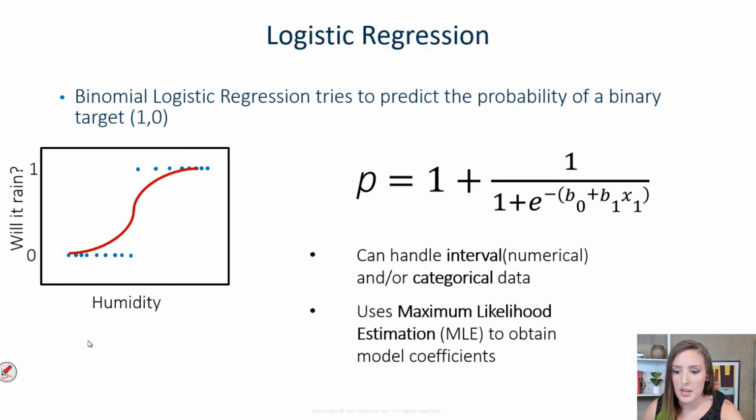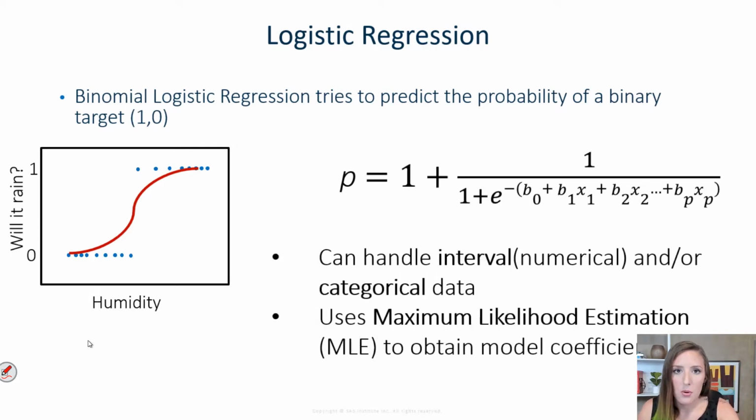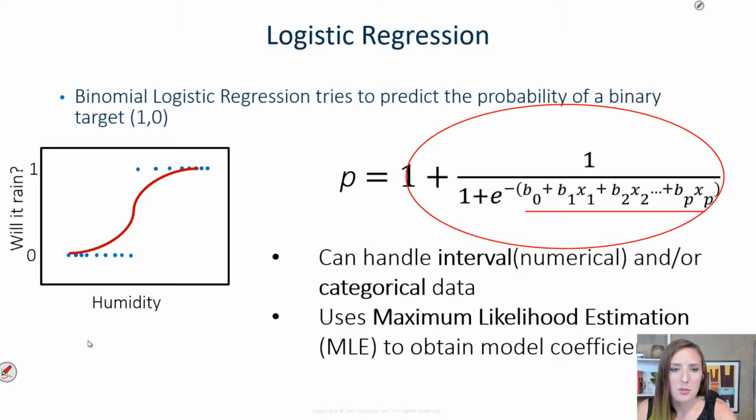That's how it's estimating the model coefficients. Similar to linear regression, you can also have more than one variable. So here's the equation with more. You can see it pretty much looks exactly like the linear regression, except now we have it in this kind of form, and that constrains our values to be between 0 and 1, which are the only things that we're interested in predicting. It's just showing us the probability that each of our target events will happen.